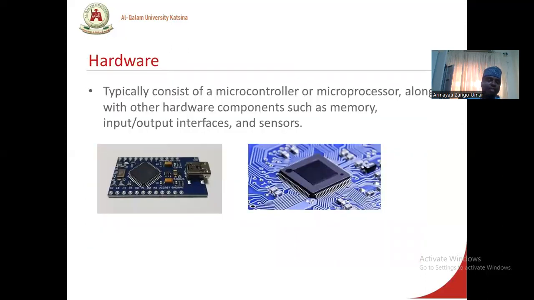So looking very briefly at the hardware, we are going to have a topic on hardware. Here we are just giving you an overview of typical hardware in a system. It typically consists of a microcontroller or microprocessor along with other hardware components. If it is a microprocessor, outside that microprocessor there are memory and other I/O interfaces.